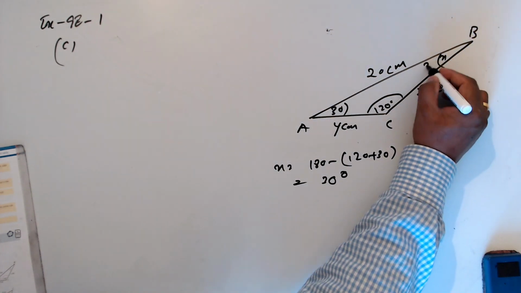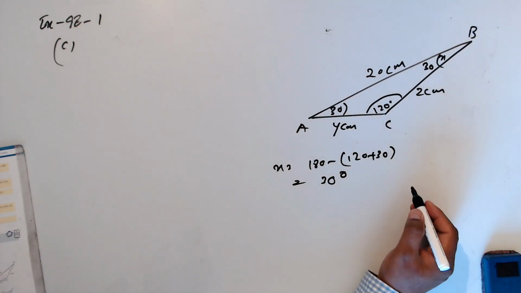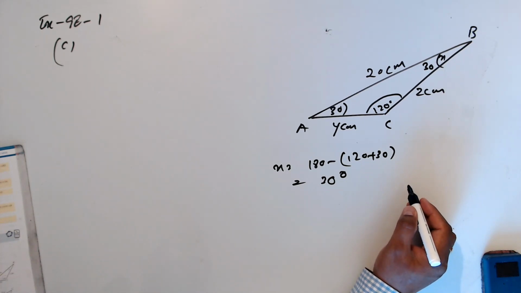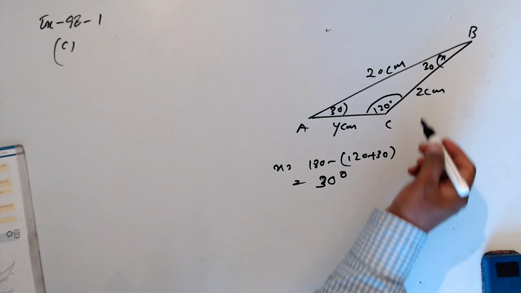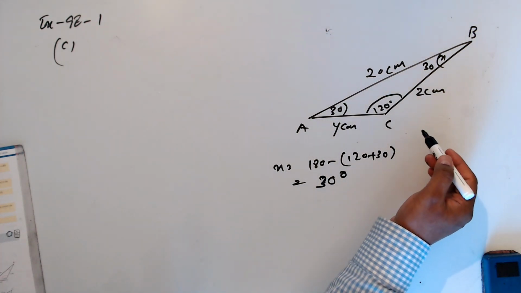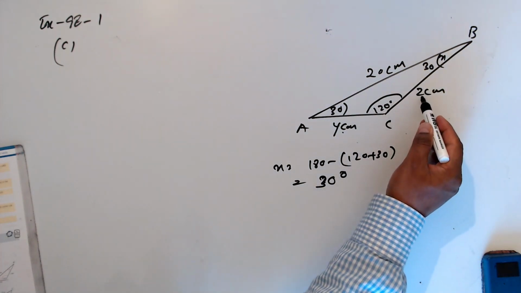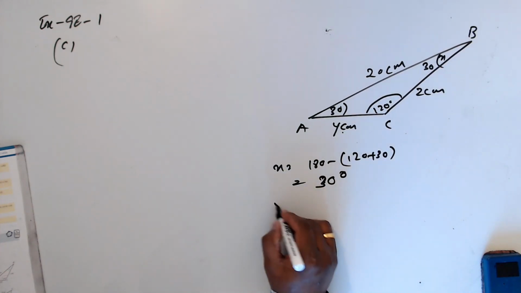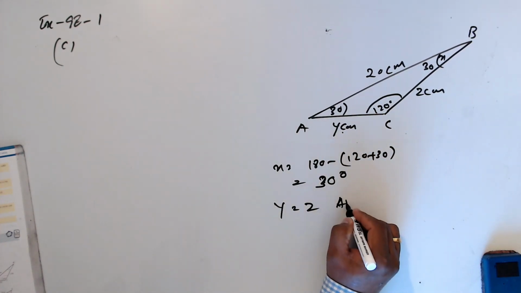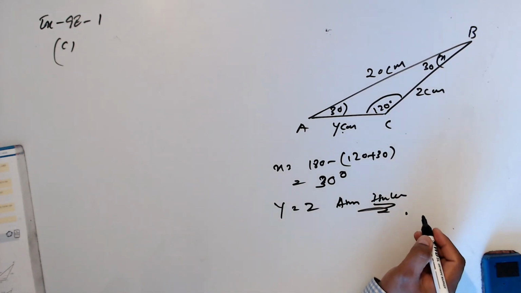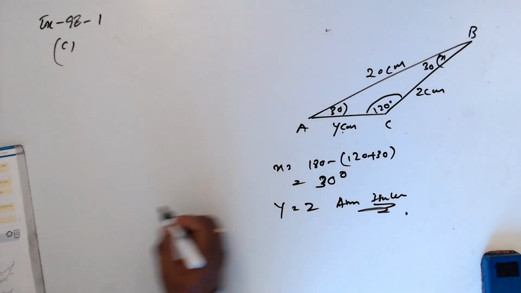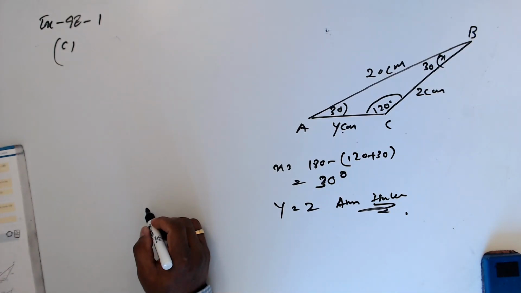So this angle is going to be 30, because in a triangle the angles add to 180. That's why. Now this is the isosceles one. y equals z as isosceles. Now we'll find y, then we can find z.